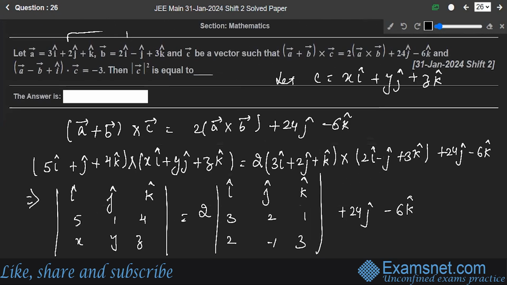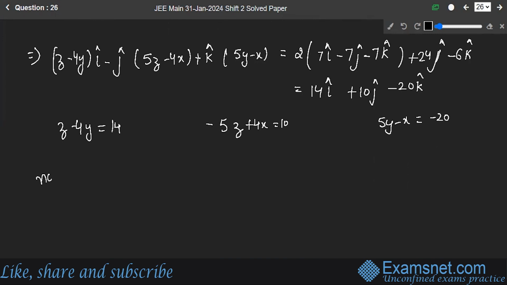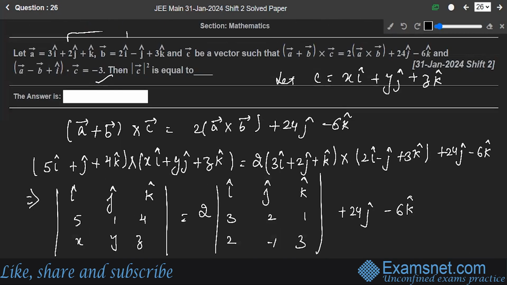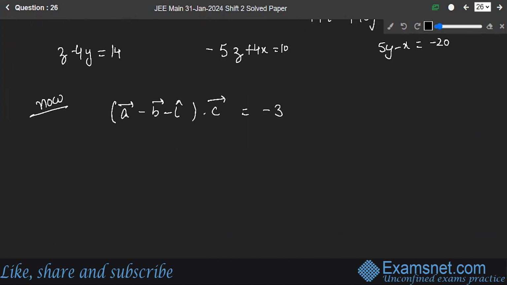Now let's pick up this one also. You're having A minus B plus i. Now, A vector minus B vector plus i cap, dot product with C vector is equal to minus 3. A minus B, what was A? Okay, 3i minus 2i, and over here this is plus i, not minus, right?